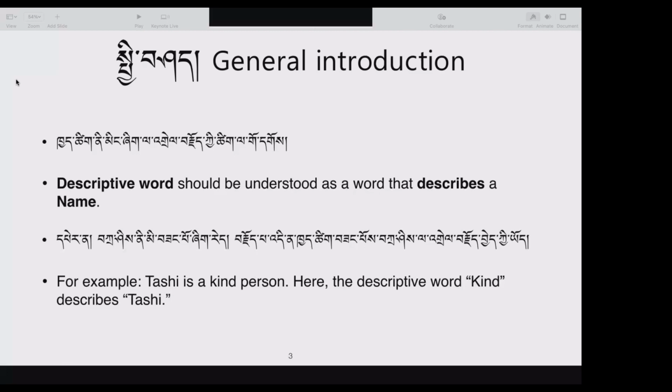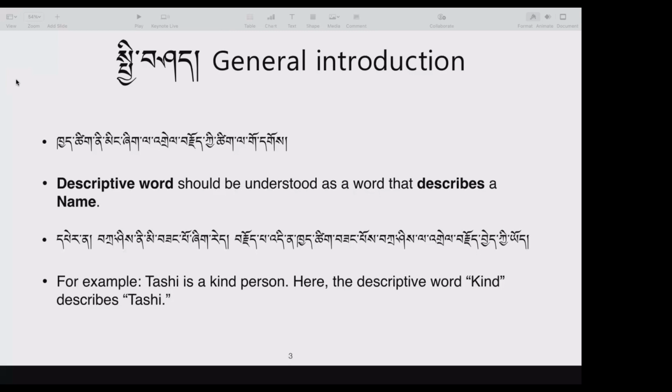Keti ni minshila delju. Delju means to provide explanation, to describe. The direct translation: del means to explain, je means stating the explanation. Or in another understanding, we can understand it as describing.